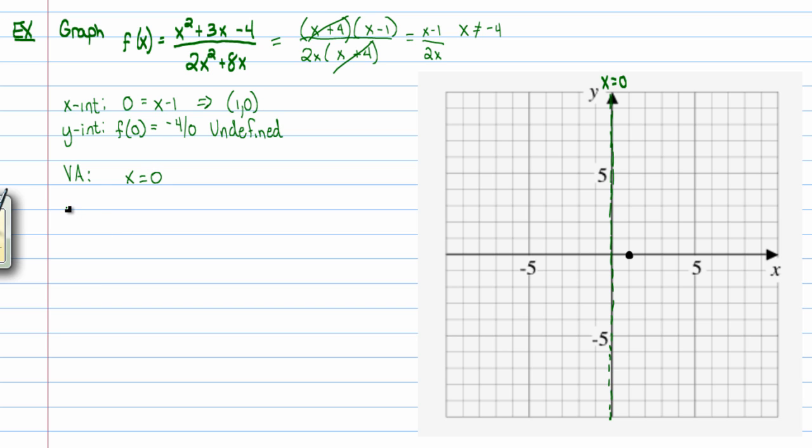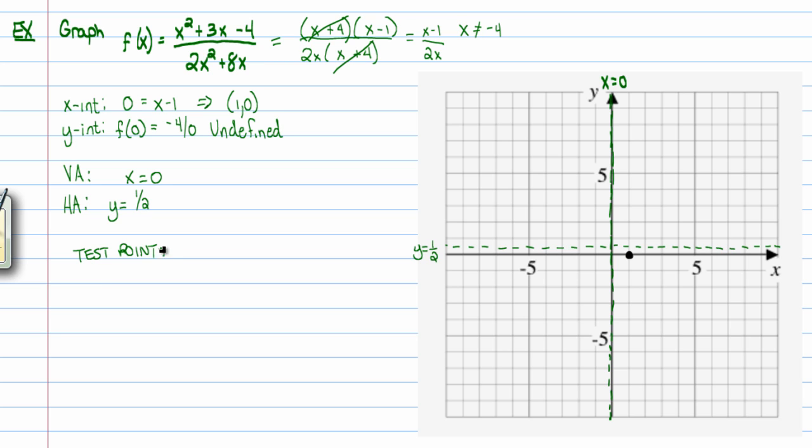And now I want to find the horizontal asymptotes, if there are any. And because the degree of the numerator is the same as the degree of the denominator, I know the horizontal asymptote will occur at y equals the ratio of the lead coefficients, or in other words, 1 over 2. So I'll go ahead and graph that. And from this point, it's just looking for test points, right? Well, reading from left to right, let's go ahead and take care of the stuff to the left of x equals 0. So I'll pick a test point there.